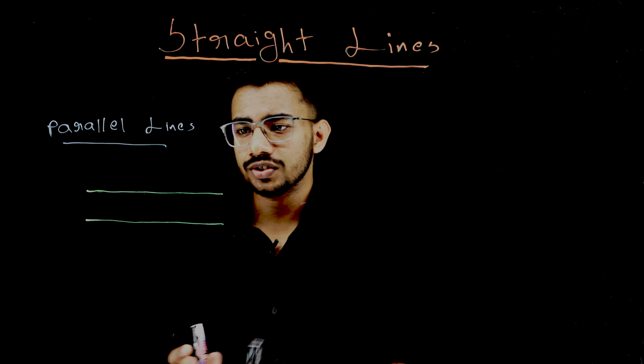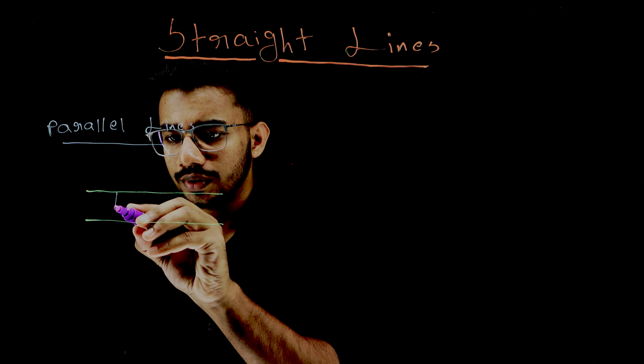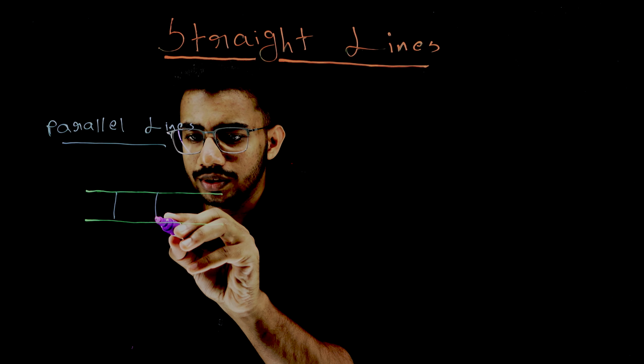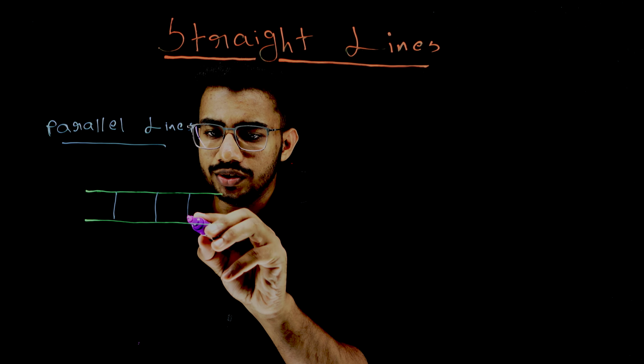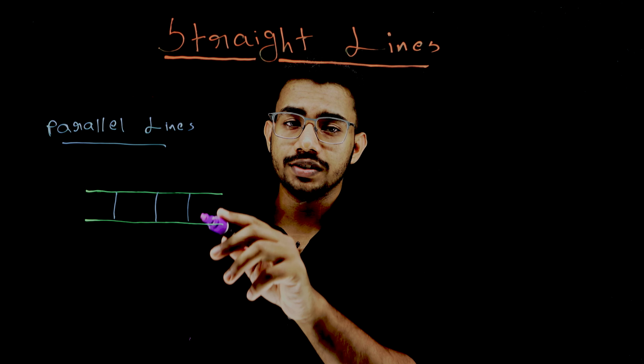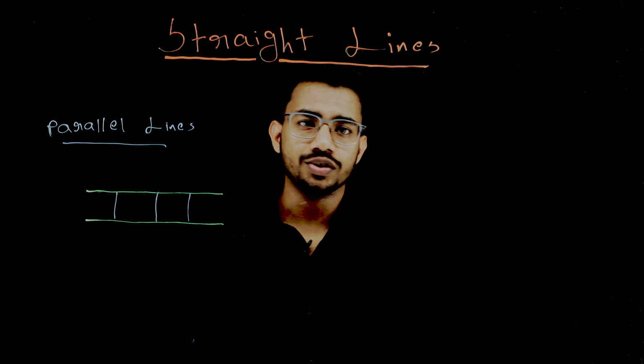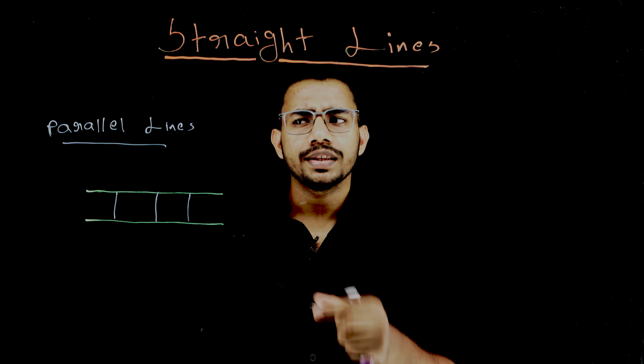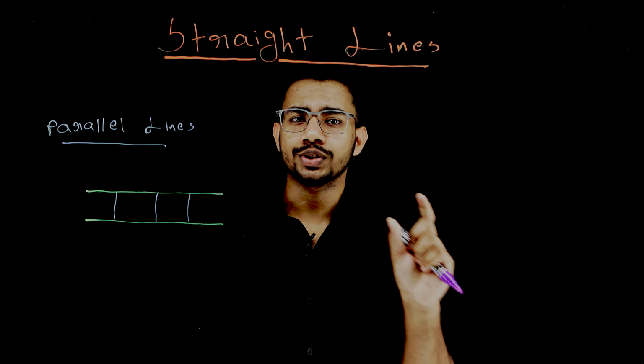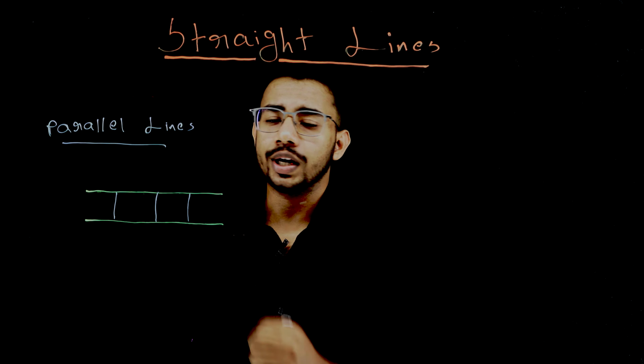That means this distance would be the same as this distance. This distance doesn't change. It will always be the exact same distance between these two lines, or I can say these two lines never cross each other. Such lines are called parallel lines.